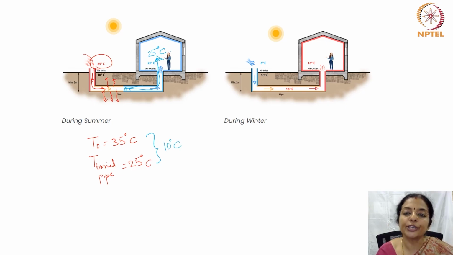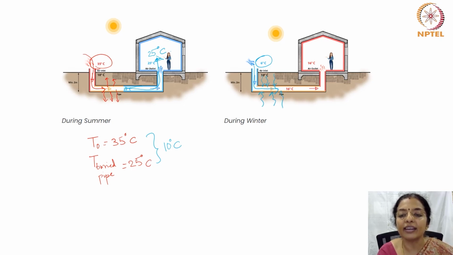What happens during winter? During winter, suppose the temperature of this place is 6 degrees centigrade. Then it is very cool. What we need to do is make the indoors warmer. In which case, this cool air which enters the ground absorbs the heat from the soil. In the summer, it radiates.